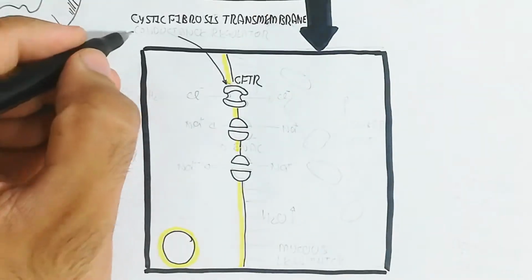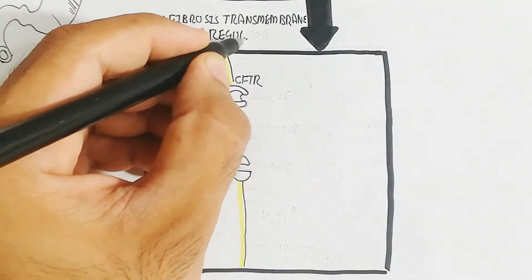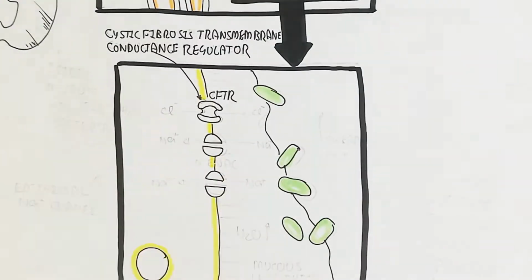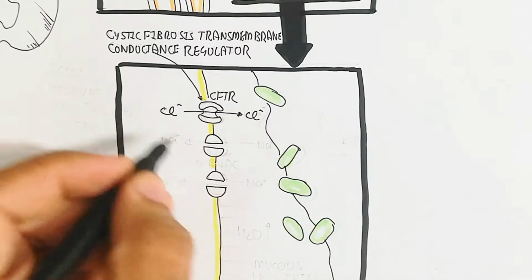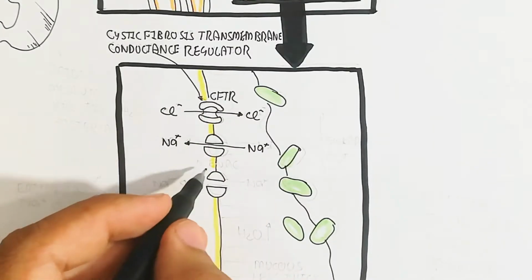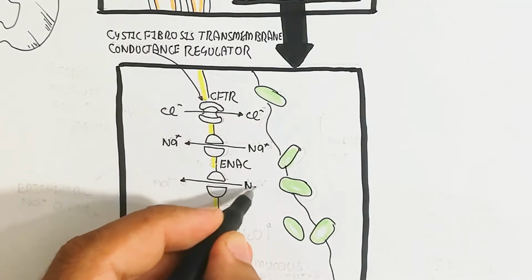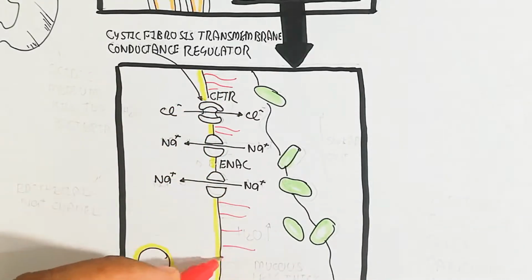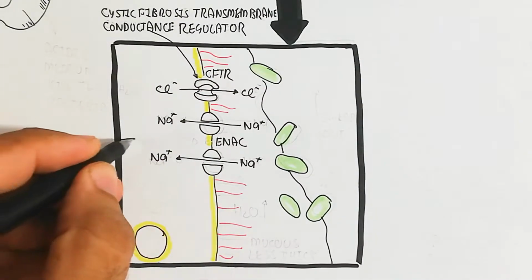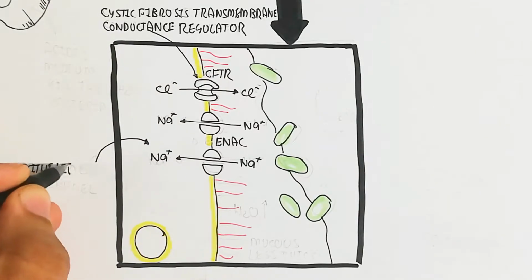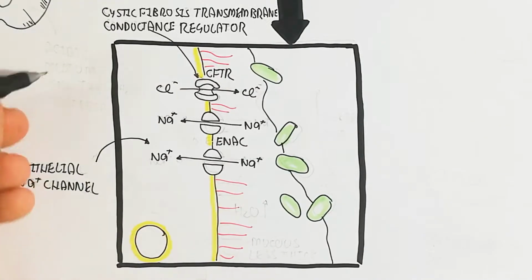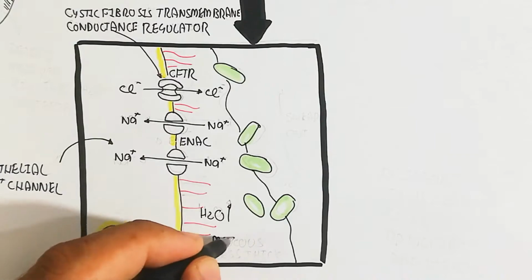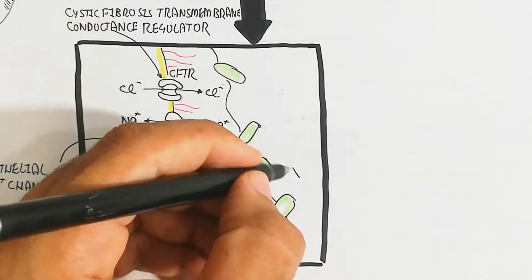Here the CFTR is present in the tracheal epithelium, which also contains the epithelial sodium channel, and here is the bacteria. The chloride ion moves out through the CFTR, and the sodium moves inside through the epithelial sodium channel. In this way, salt will not accumulate inside the epithelium, which means the water will not move in through osmosis.